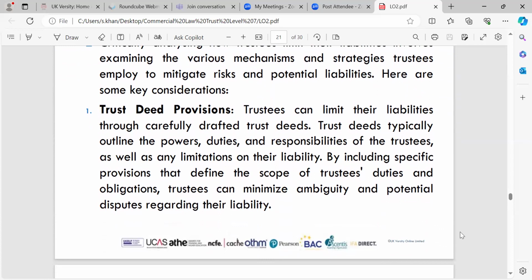Trust deeds typically outline the powers, duties, and responsibilities of the trustees, as well as any limitations on their liability. By including specific provisions that define the scope of trustees' duties and obligations, trustees can minimize ambiguity and potential disputes regarding their liabilities.